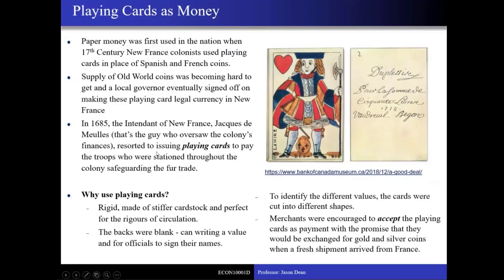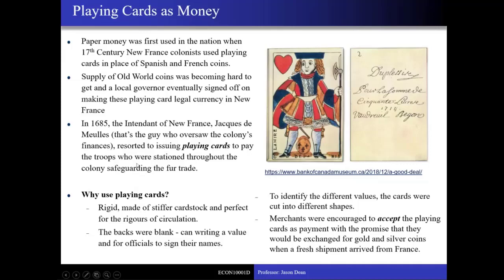The supply of old world coins was becoming hard to get, and a local governor eventually signed off on making playing cards legal currency in New France. So the soldiers in this colony were using these playing cards as money. Eventually, they were going to redeem the cards for actual coins, but in the meantime, they were used as money.